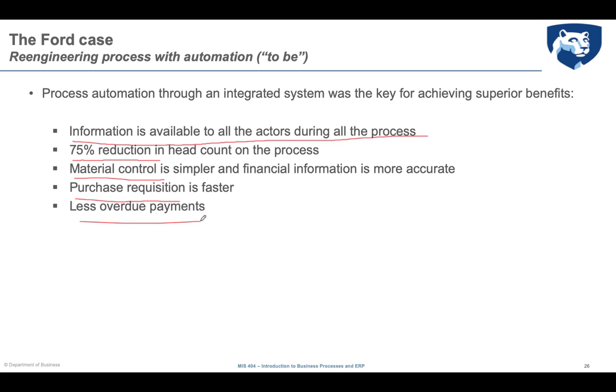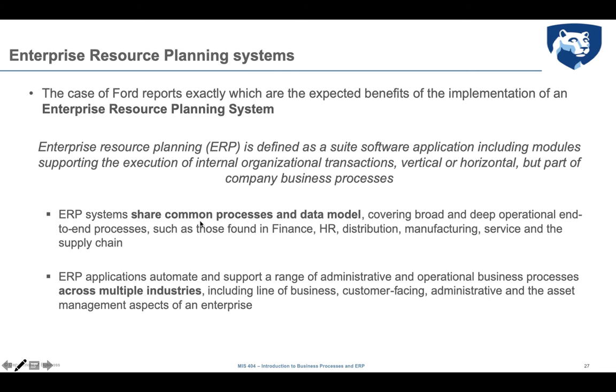This is one of the first examples of the introduction of what is called an enterprise resource planning system. So a suite of software applications including modules that were helping in supporting the execution of internal organization transactions. You have just seen an example. You have included a module and a database to support the execution of the procurement process.